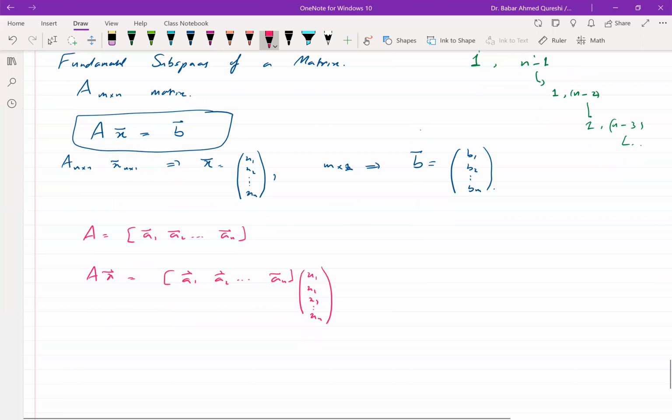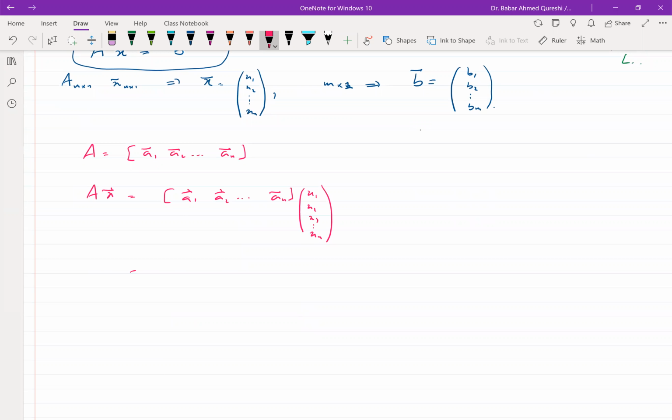And we know that this rule of matrix multiplication tells me that this can be written as this. Multiply each column with these components of x. So what is this giving you?